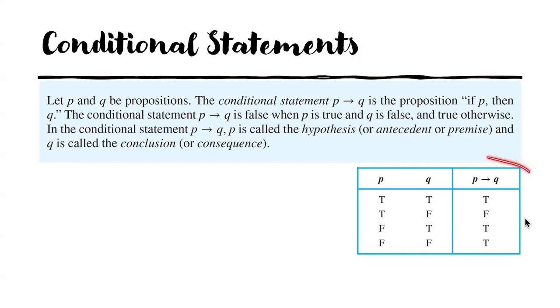Okay, if you look at the chart here, P implies Q is only false when P is true and Q is false.